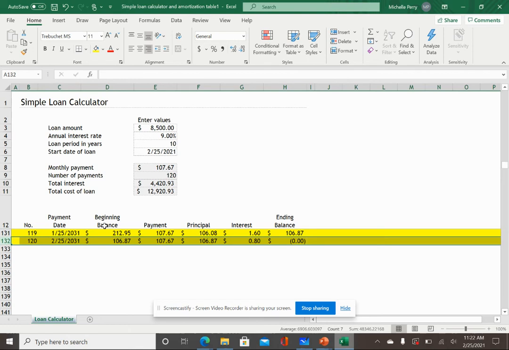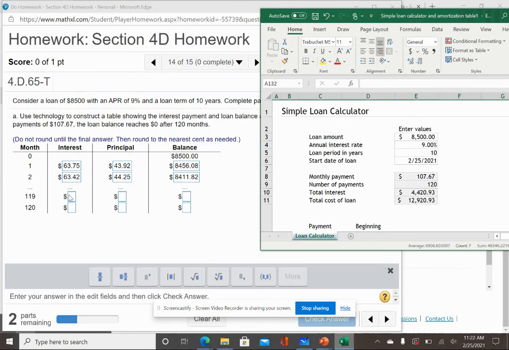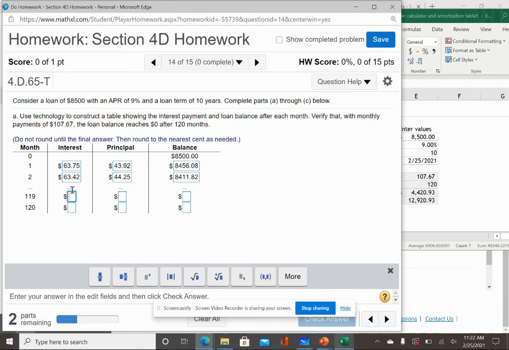And then payment 120, we should see $106.87 that goes towards the principal, 80 cents that goes to the interest, with an ending balance of $0. So I've jotted that down to the side. I'm going to come over and insert those values here.